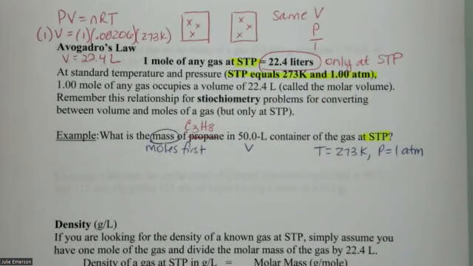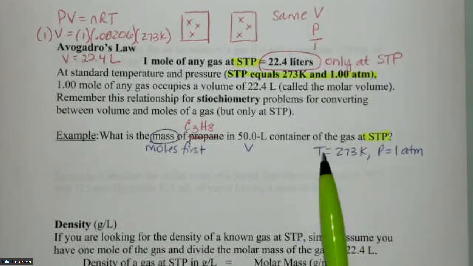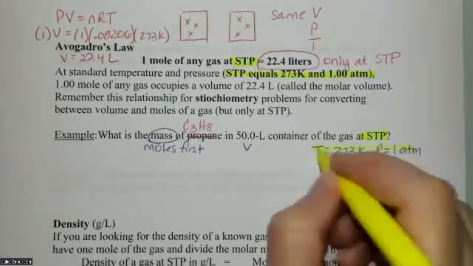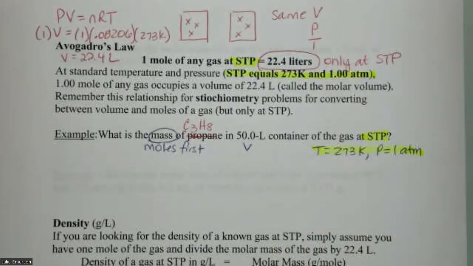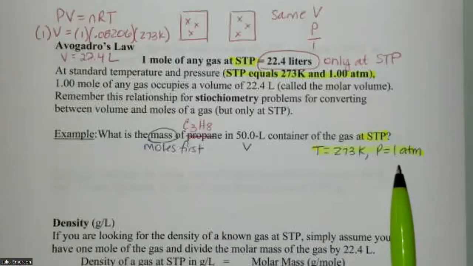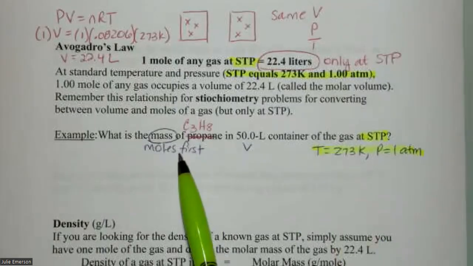So when this question says we have this gas at STP, what that's encoding in the question is that my temperature is 273 Kelvin and my pressure is 1 atmosphere. That's what that code means. Now I've got a volume, a temperature, a pressure, no change in conditions, and I'm looking for quantity.